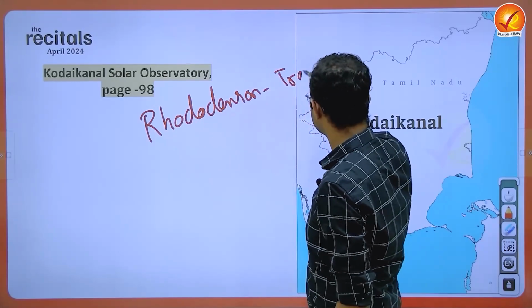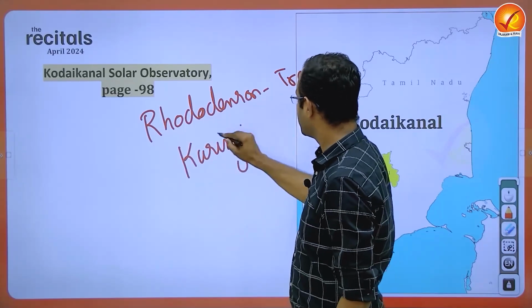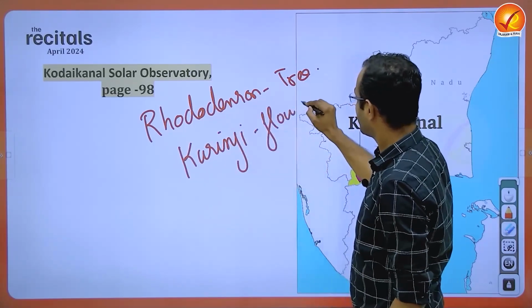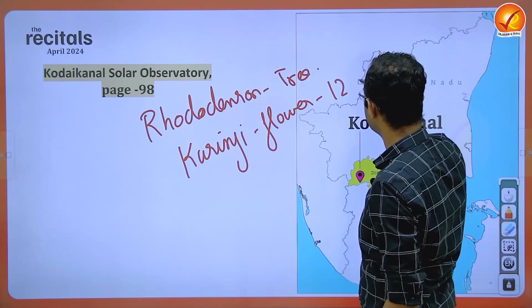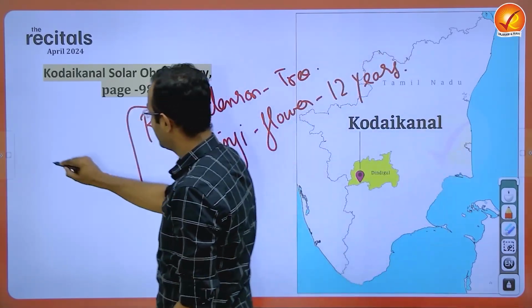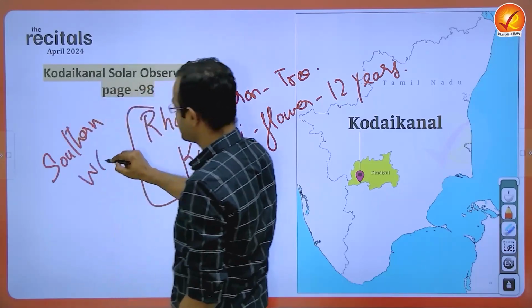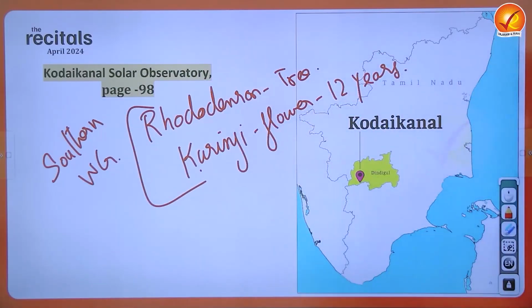It's a tree species, and we do have Kurinji flower which blooms once in 12 years. These are present in southern Western Ghats. Hope copied.